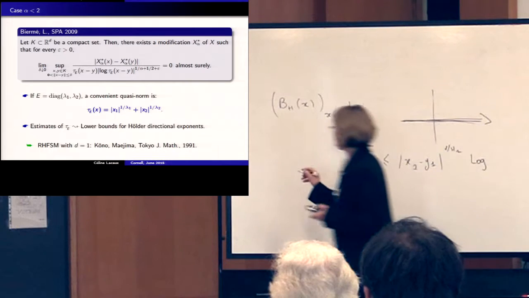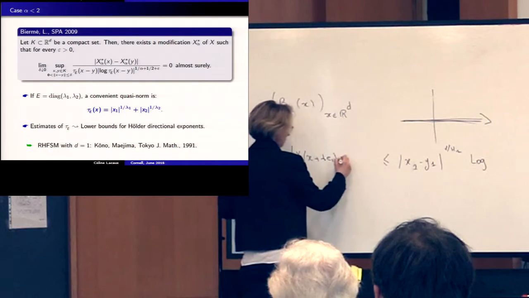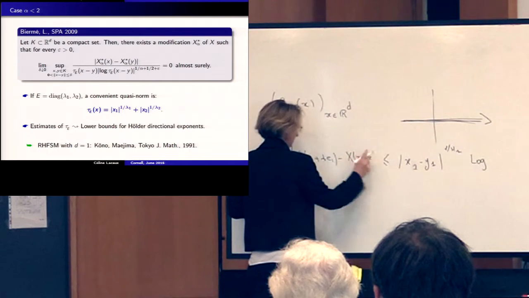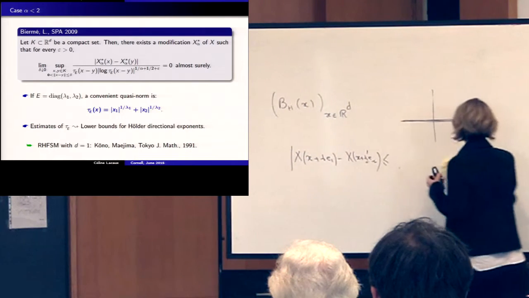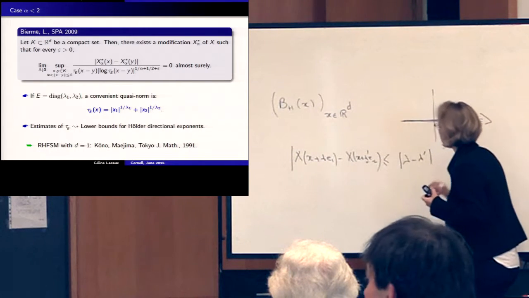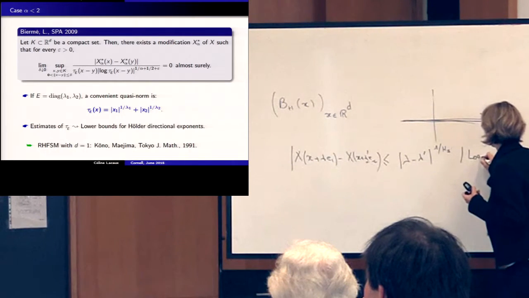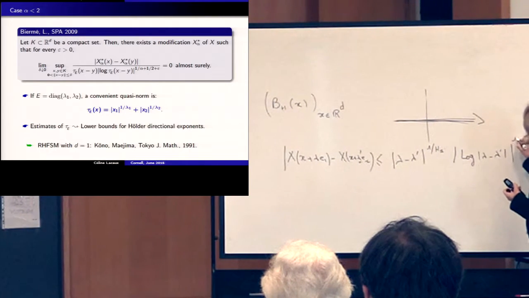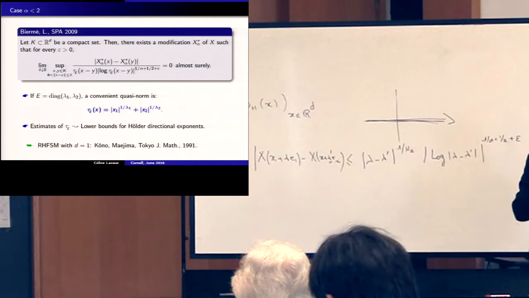So I will write, if I choose x plus lambda 1 minus x, lambda 1, lambda x1. This will be less than the absolute value of lambda minus lambda prime to the power 1 over h1, times a log of lambda minus lambda prime to the power 1 over alpha plus 1 over 2 plus epsilon, that I can choose as small as I want.